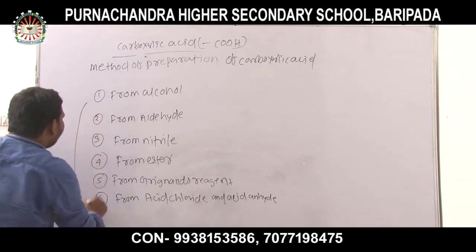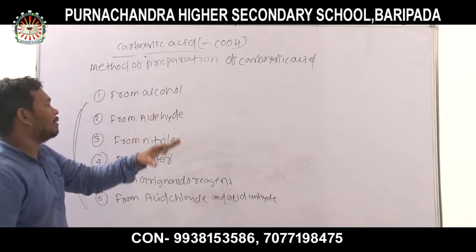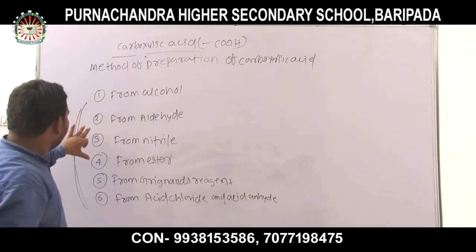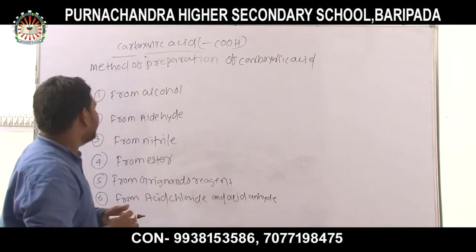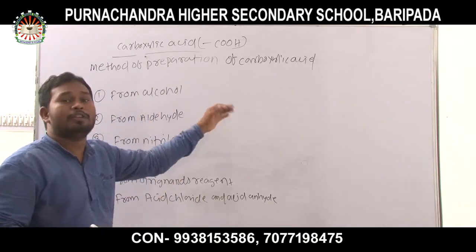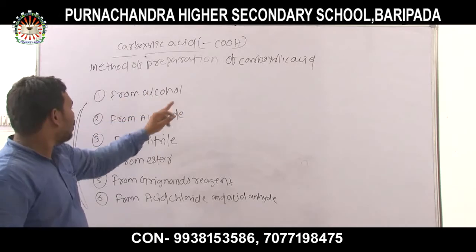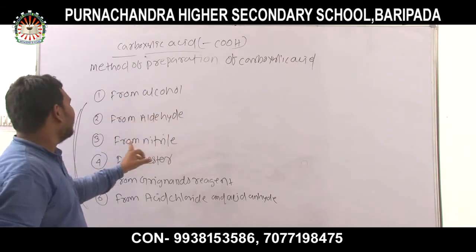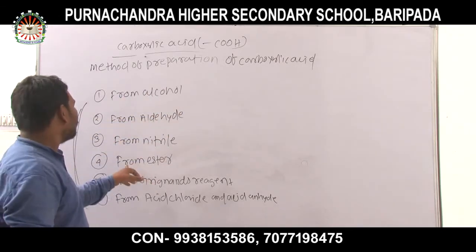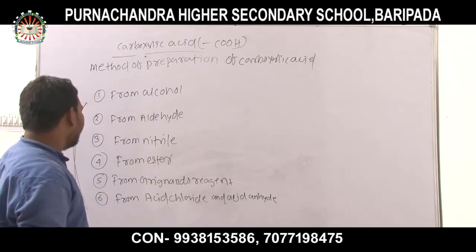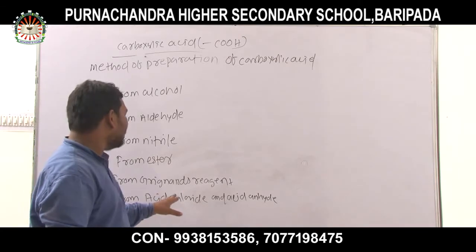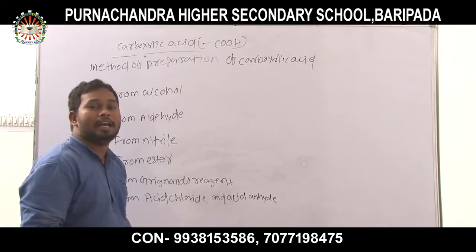First, remember the sources from which we can get the carboxylic acid. Simply, there are six sources which, when treated with other substances or reagents, give carboxylic acid. First one is alcohol, second is aldehyde, third is nitrile, fourth is ester, fifth is Grignard's reagent, and sixth is acid chloride or acid anhydride.